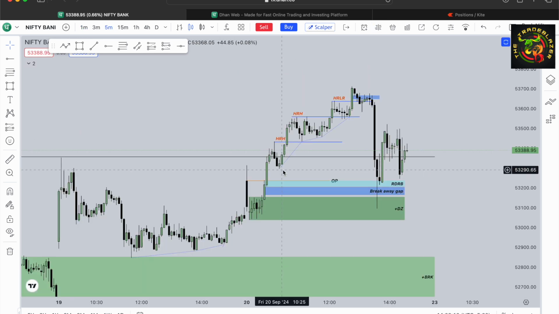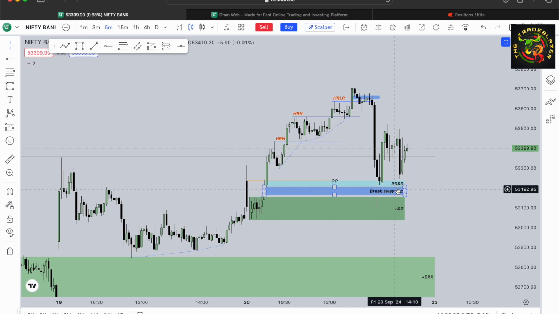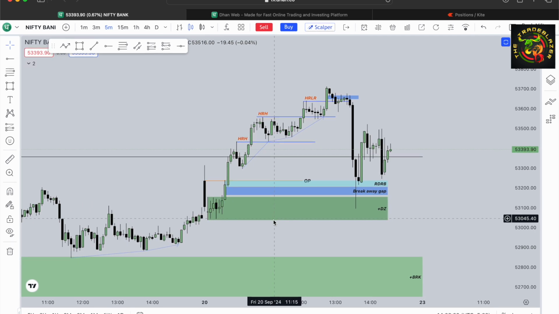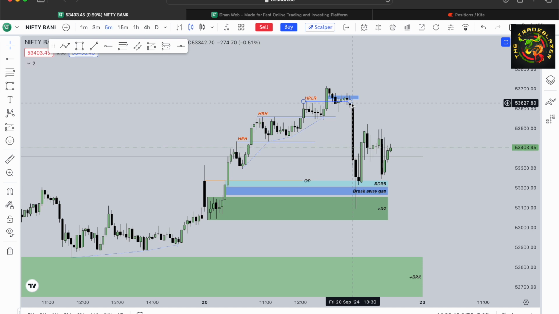Okay, so here this demand zone over here, it formed in the morning itself. It was not marked earlier, and this breakaway gap as well, and then you have this one more zone that I have marked here. Okay, and this is the opening price. And as soon as price starts to trade above these zones, there is always high probability that once the market is forming a short setup, obviously these are the support levels.